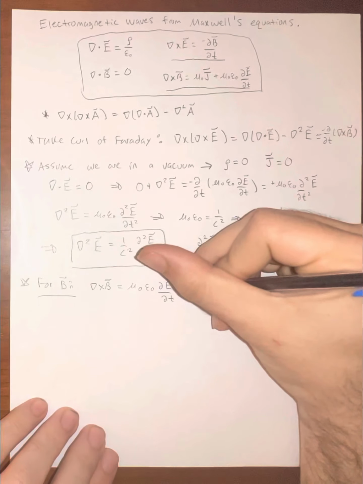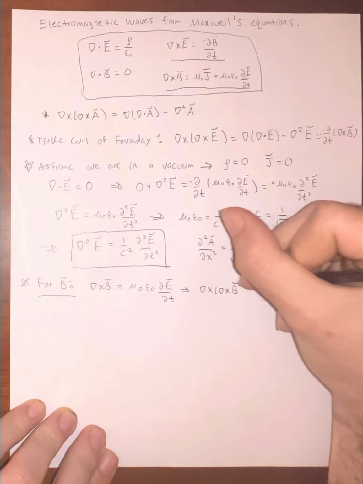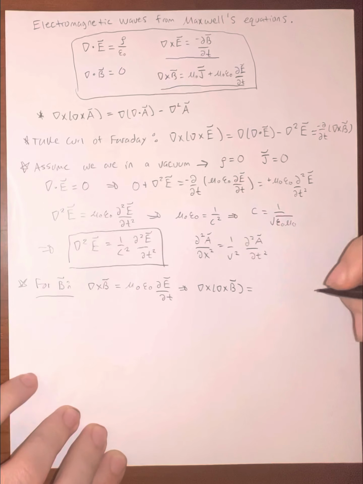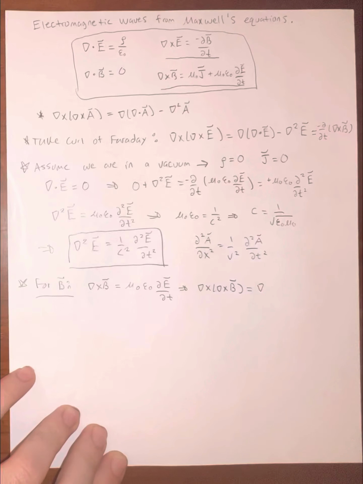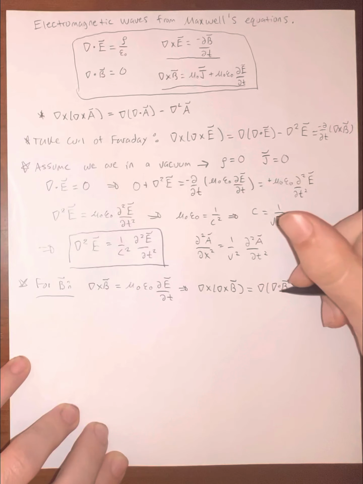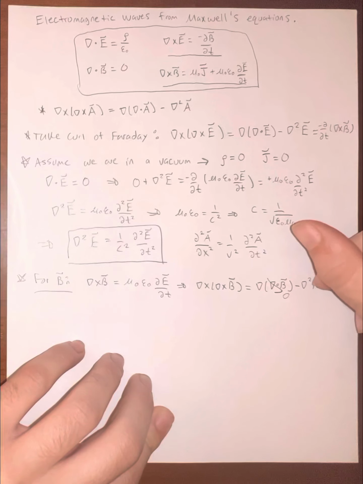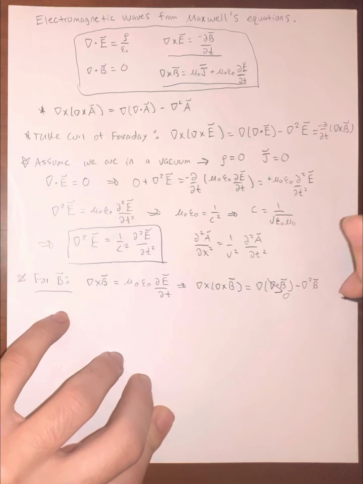So if we take the curl of this equation, del cross del cross B is the gradient of the divergence of B, which is always 0, minus the Laplacian of B, is just, if we use our mu naught epsilon naught substitution, 1 over c squared d dt of del cross E, the electric field.